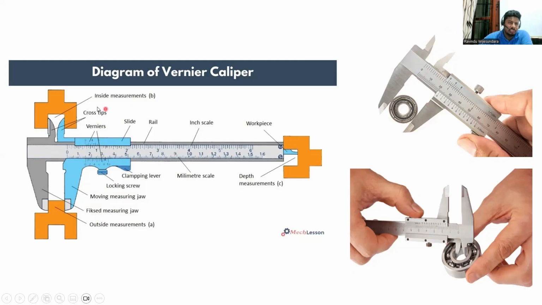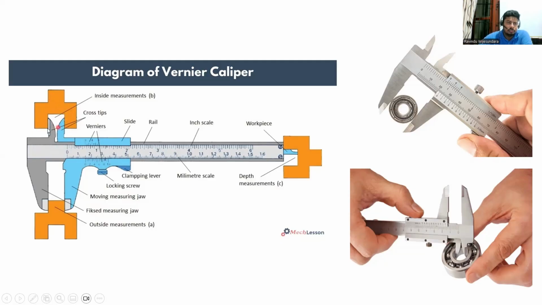It is given as cross tips, but the best word to use is internal jaws, because these jaws are used to measure internal measurements. In the diagram you can clearly see these jaws touching the internal hole of the given shape.